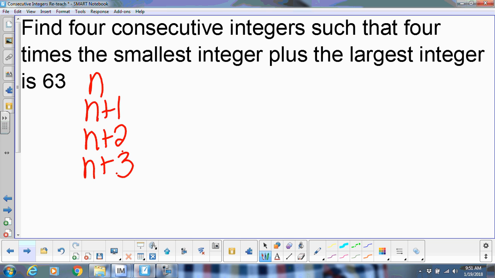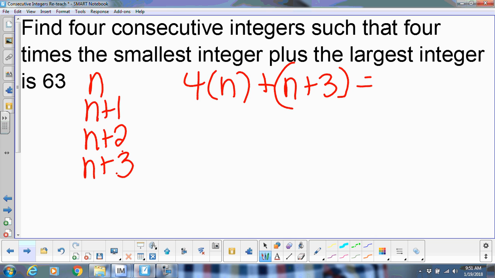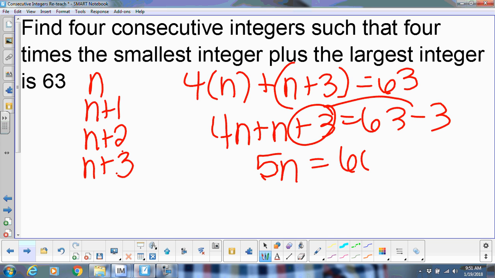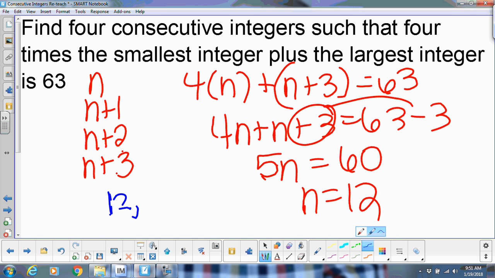Okay, 4 times the smallest plus 3 times the largest is equal to 63. Okay, so 7n is going to equal 60. So n is going to equal 12. So 12 is your smallest. And then since they are consecutive, it's 12, 13, 14, and 15.